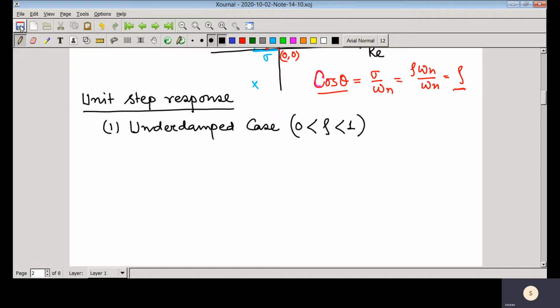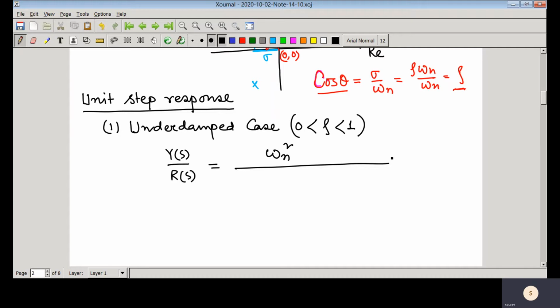We have already done those things in Laplace transformation, and I would suggest all of you to do it again. That means Y(s) by R(s), the normalized transfer function, is omega n square by s square plus twice zeta omega n s plus omega n square.